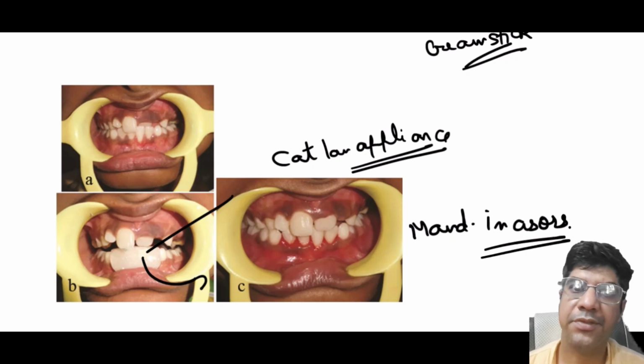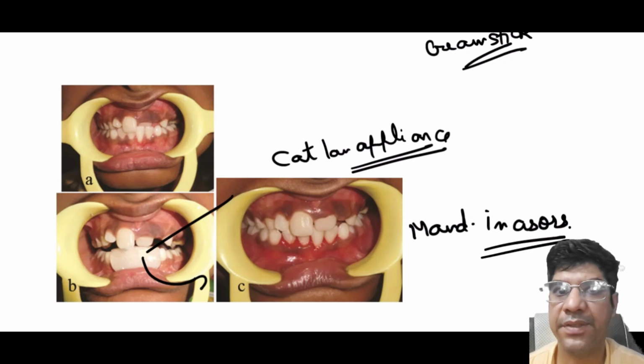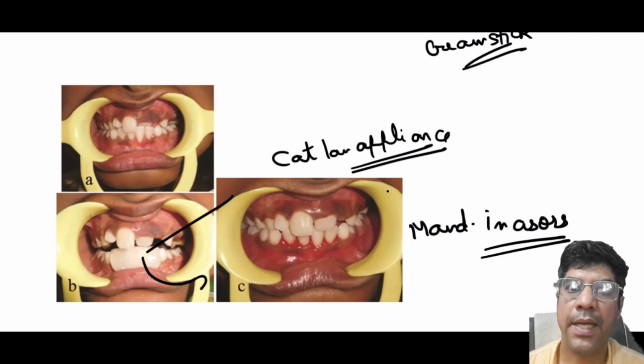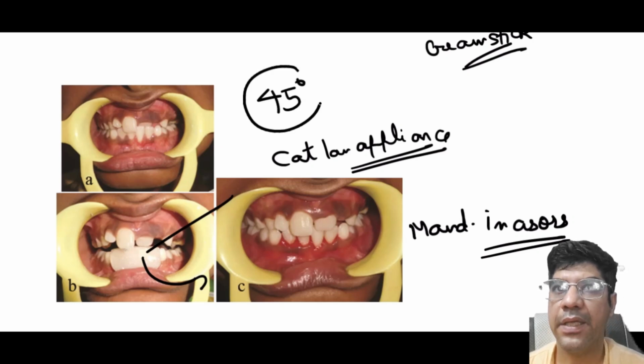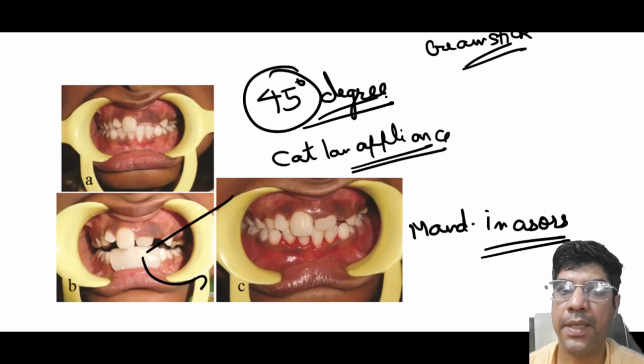It is typically associated with non-removable appliances as they are cemented in place. The lower inclined plane, remember, is constructed at an angle of 45 degrees to the maxillary occlusal plane and can be made of acrylic or cast metal.